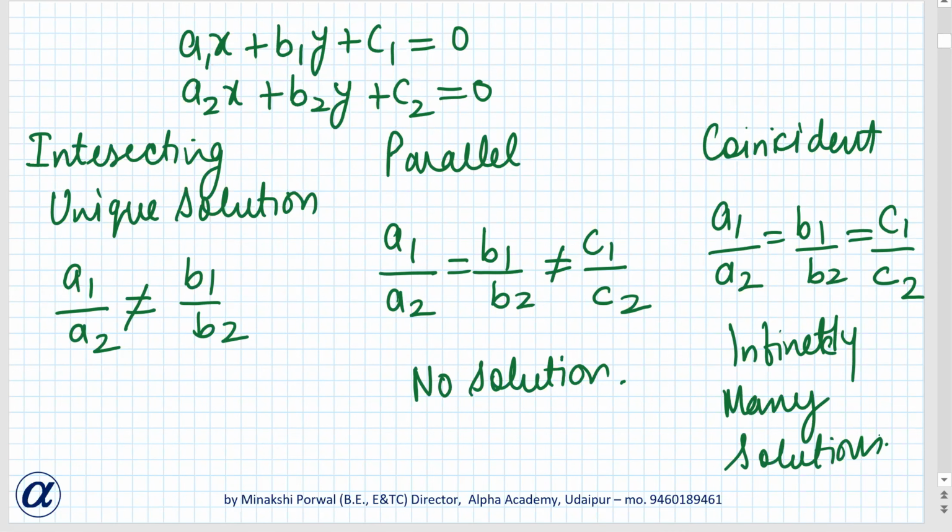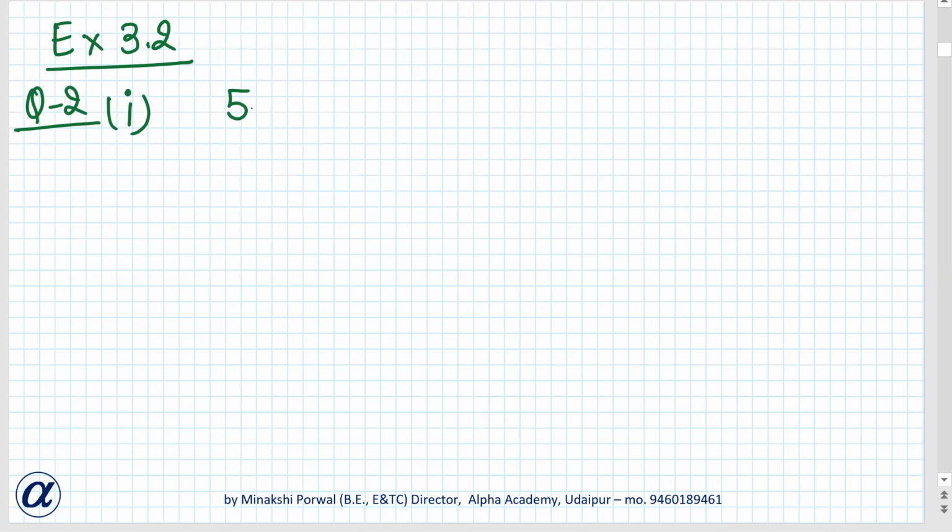Now, suppose we have exercise 3.2, question number 2, first part. I am discussing it just to check what type of solution it has.